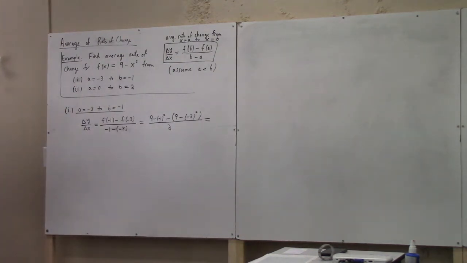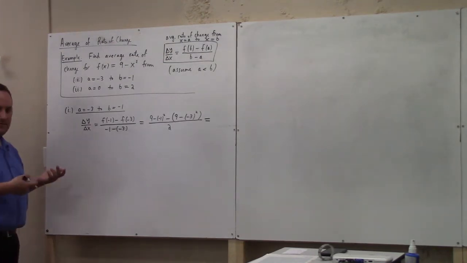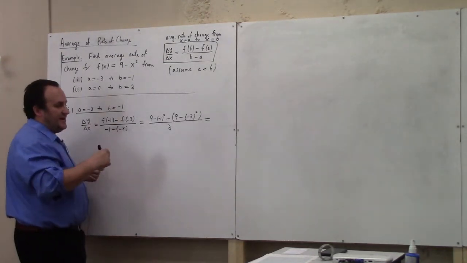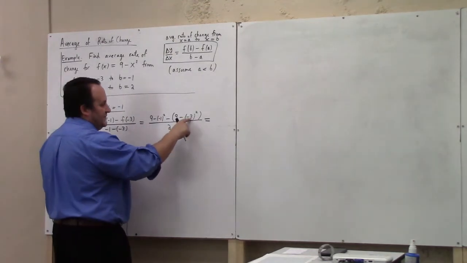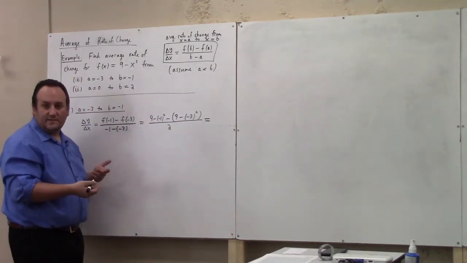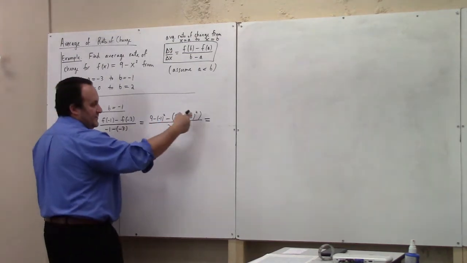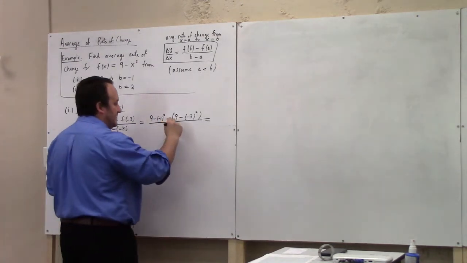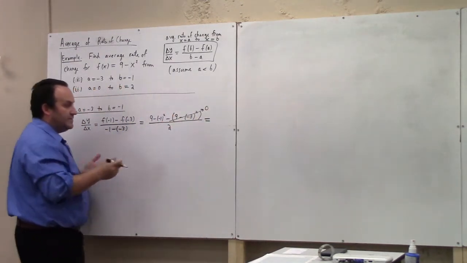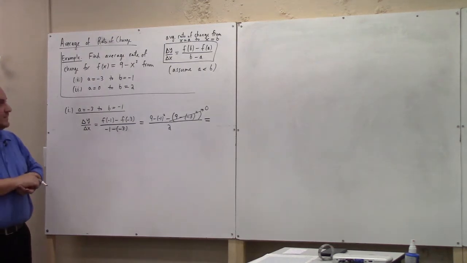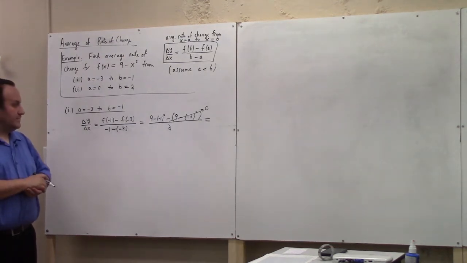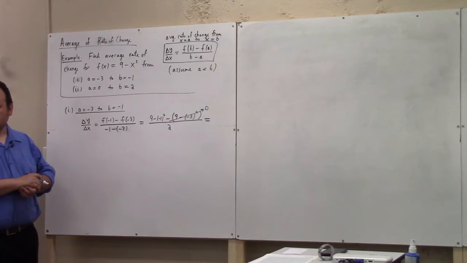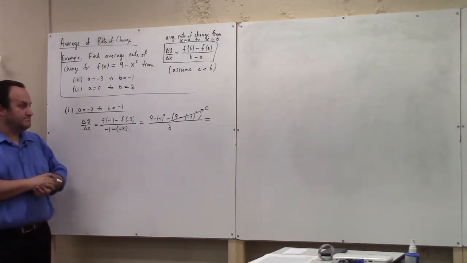You could look at it different ways, right? Like there's different ways you could see 9 canceling. This minus 3 squared is what? It's 9, right? So inside this, we're looking at 9 minus 9. So the thing inside the parentheses is just 0. So f of minus 3 is 0 here.